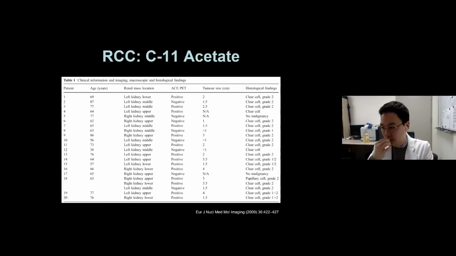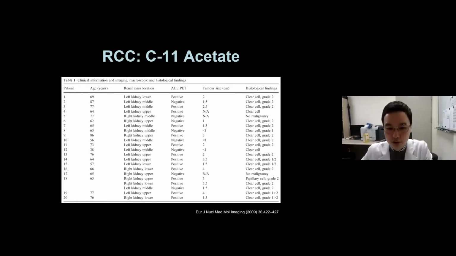However, still, this FDG PET, because of urinary excretion, has very limited performance, as I have mentioned earlier. So there has been other alternative tracer research. This study shows that C11 acetate can be used for the evaluation of RCC. Of the 20 renal cell carcinomas, they showed that 70% showed positive acetate uptake.